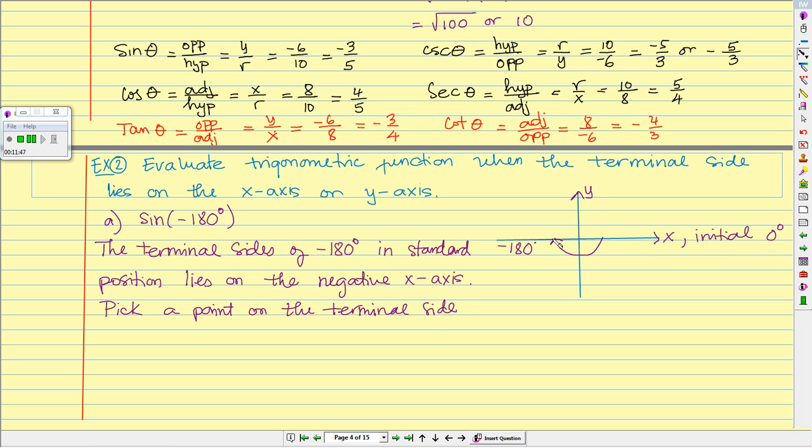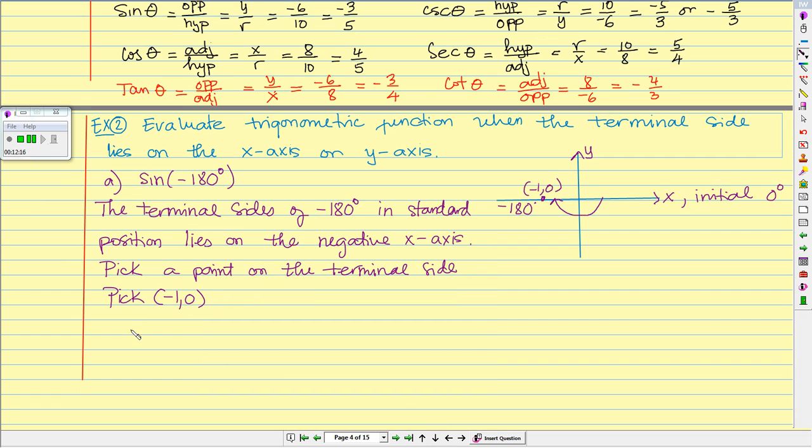Since this is the end of my angle, this is my terminal side. For convenience, we are going to pick the point negative 1, 0. So in this case, I'm going to pick the point negative 1, 0.